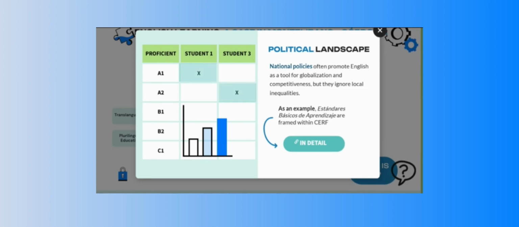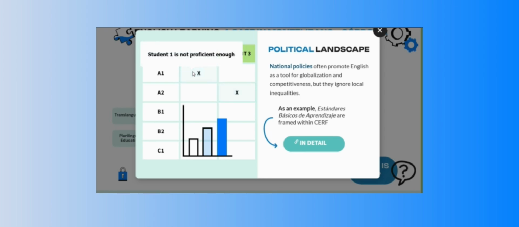National policies often promote English as a tool for globalization and competitiveness, but they ignore local inequalities. Here we can see an example, the Estándares Básicos de Aprendizaje. Most of the time, English is imposed as a requirement for university admission or employment. Then not all learners have equal access to learning.